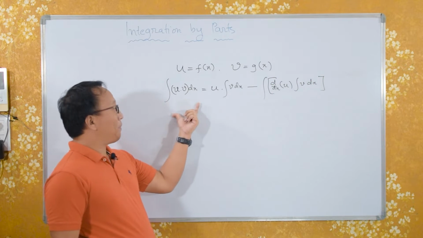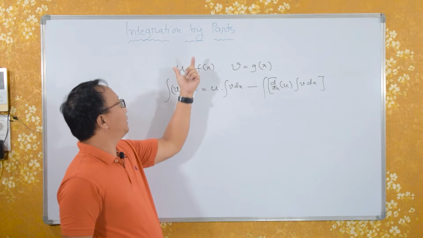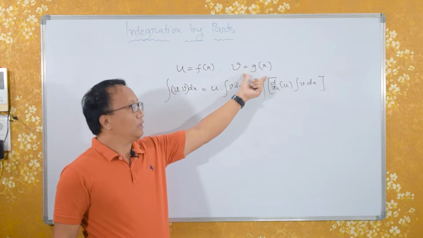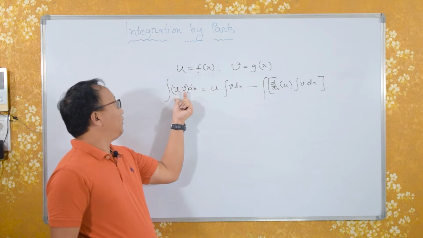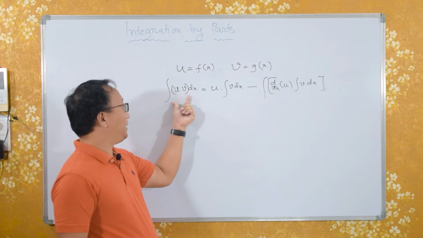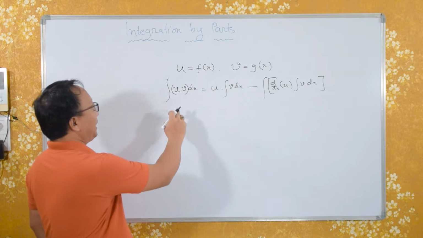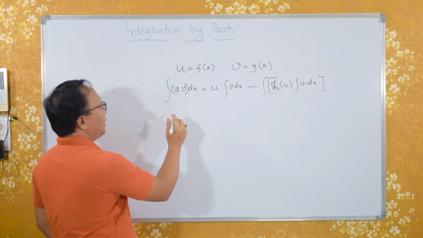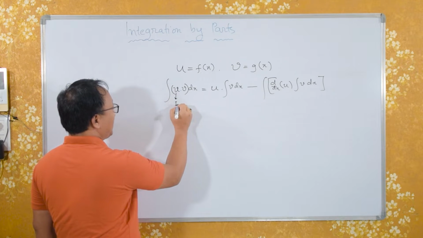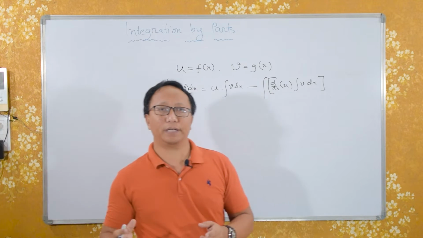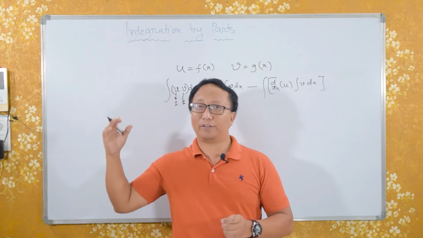Let me repeat again. If you want to integrate two functions, say for example f(x) and g(x), then the integral of u into v dx is equal to, let's say I'm choosing u as the first function and v as the second function. Keeping the first function as it is, integrate the second function, minus the integral of d by dx of u times the integral of v dx. How to choose the first and second function is very important.